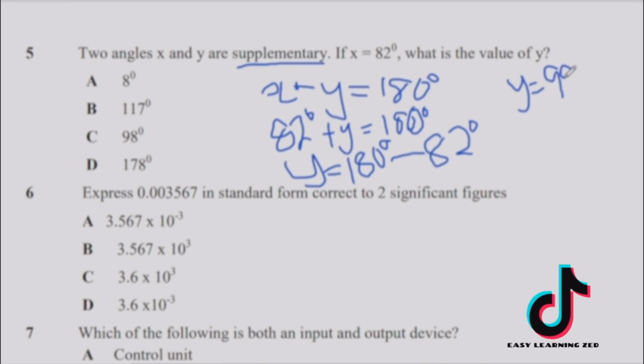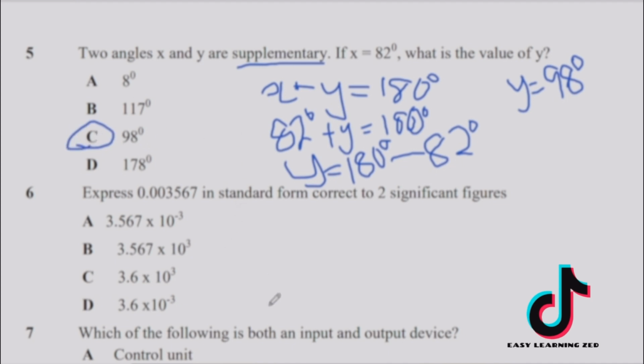So 98 degrees is the value of the angle y. If you have good questions, you can ask in the comment section. So the answer on question 5 was C.